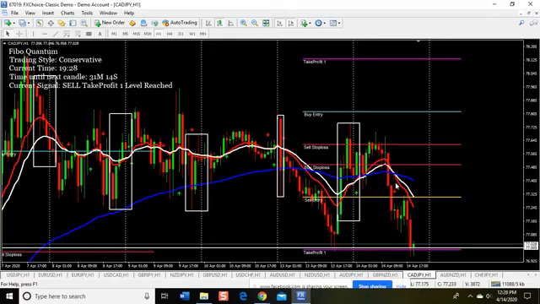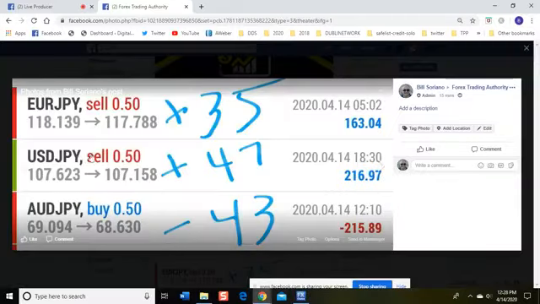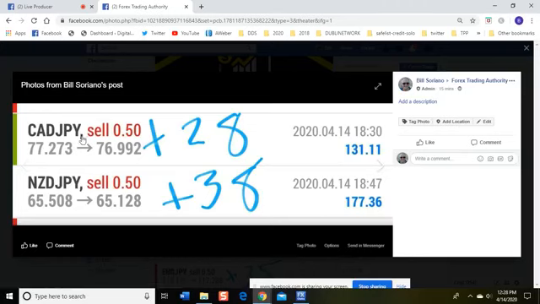Both moving averages are pointing down. So I got in this trade again today. Again, I got in a little bit later, right about here. And I got out down here at take profit one. So today I got out with a gain. If you look on here just to show you, that was the loss, and this was the gain, a 28 pip gain.